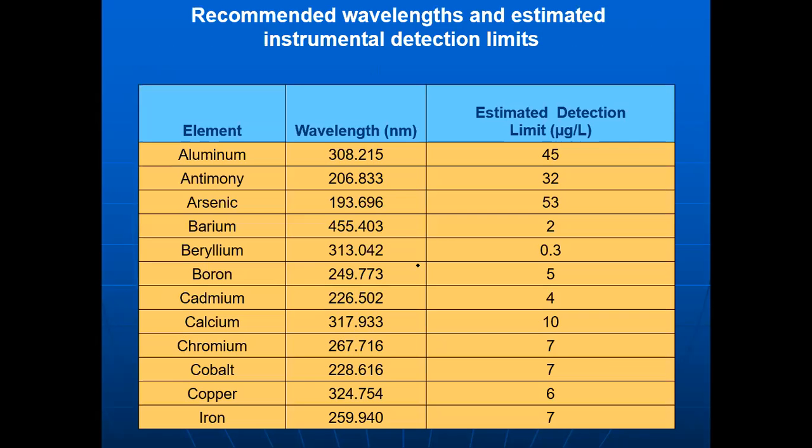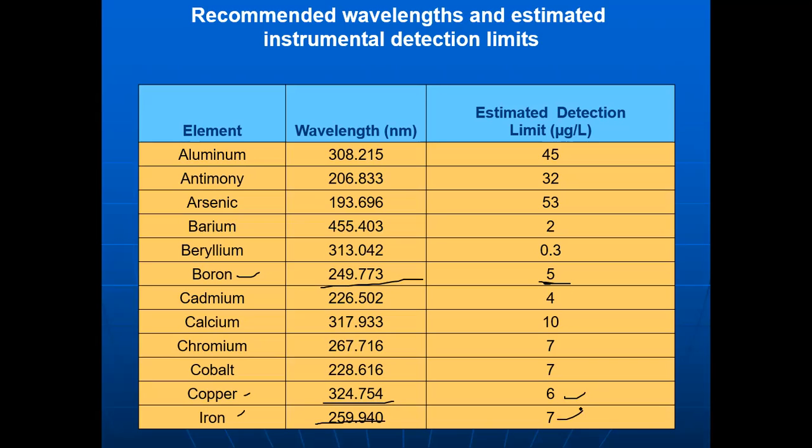Coming to the next slide, these are the wavelengths we need. For the agriculture point of view, for boron we go for the 249 wavelength. The estimated detection limit is almost 5 micrograms per liter. Copper and iron, which we use for agriculture purposes, are at 324.754 with a limit of up to 6, and 2.254 with a limitation of 5.